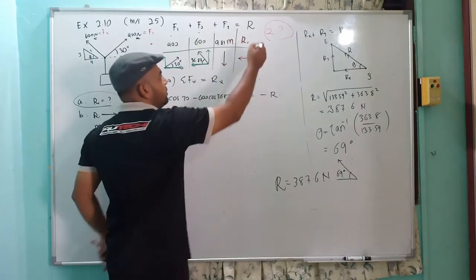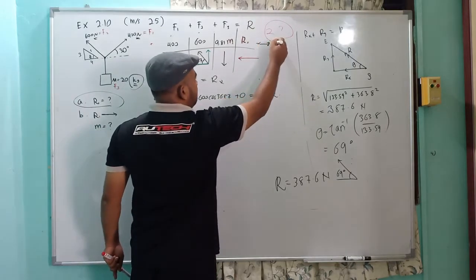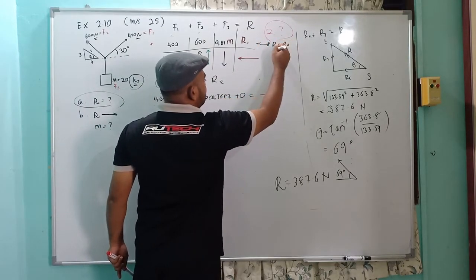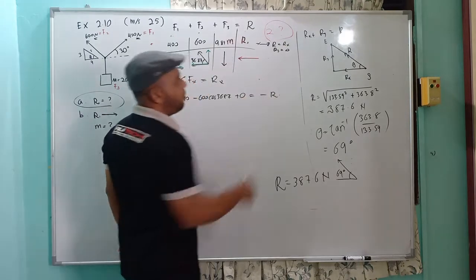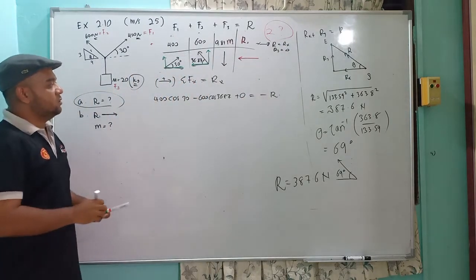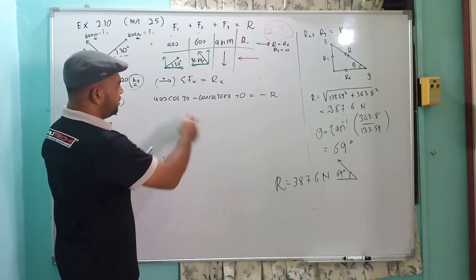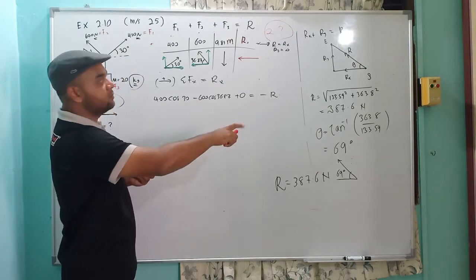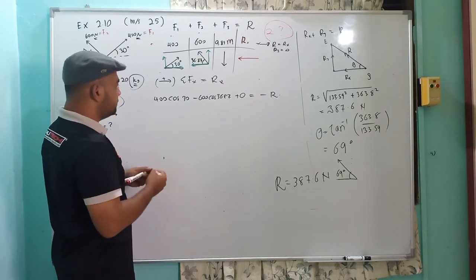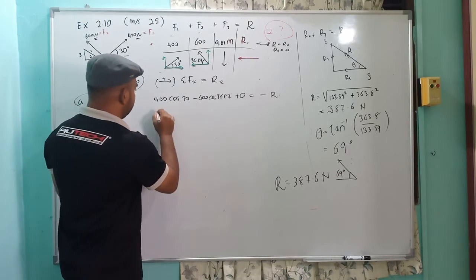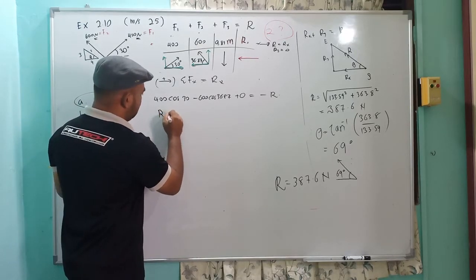R equal to Rx, Ry equal to 0. Okay, so from here you will get directly the value of R, because you only have one unknown. Okay, the R equal to.